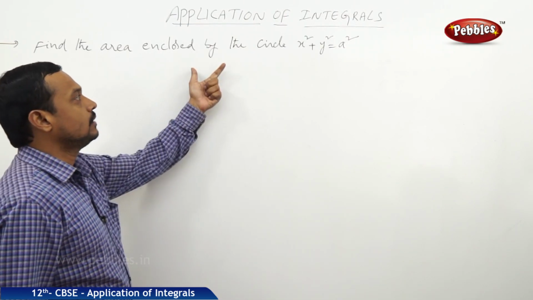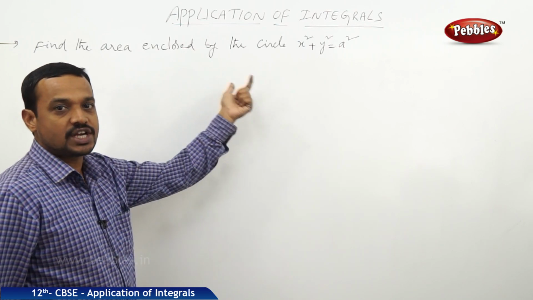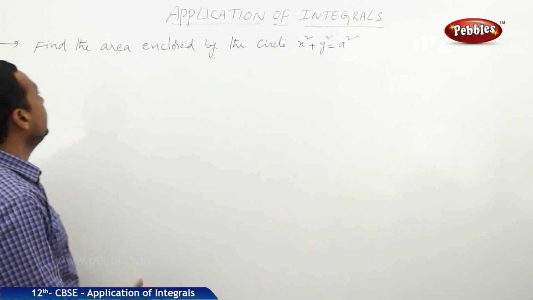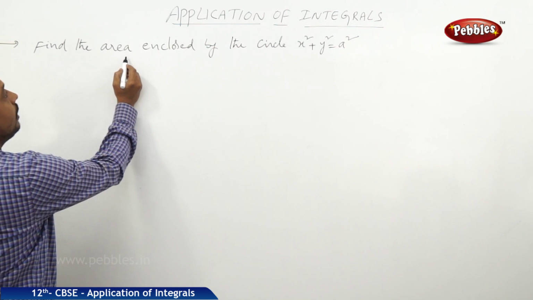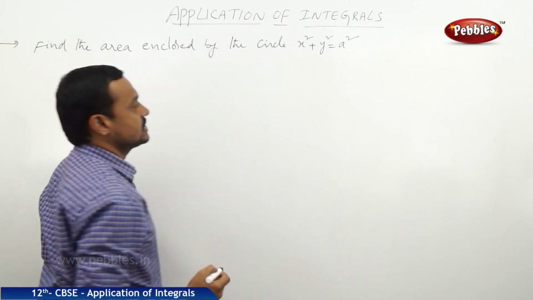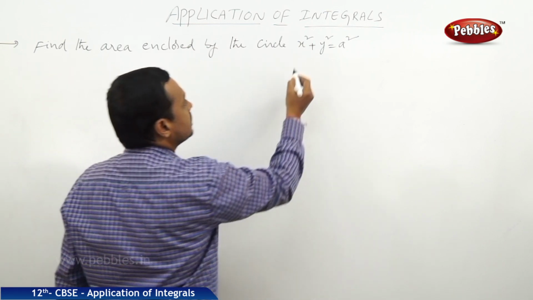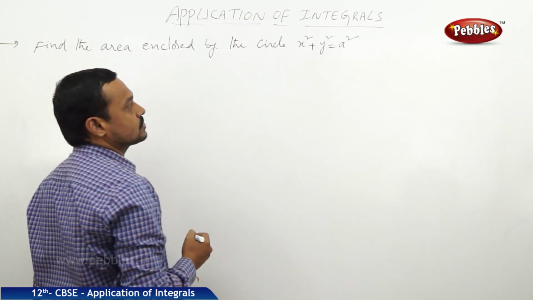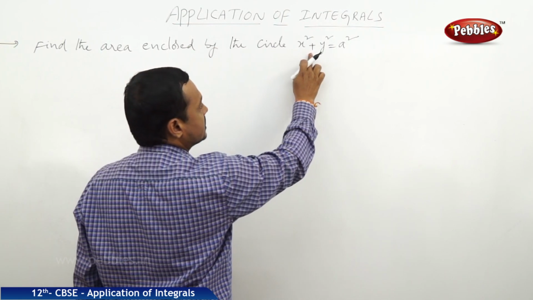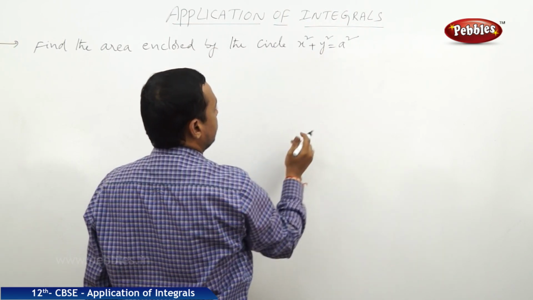Now let us find areas of some standard curves. Here let us find the area enclosed by the circle x squared plus y squared equals a squared. It is a circle with center (0, 0) and radius a units.